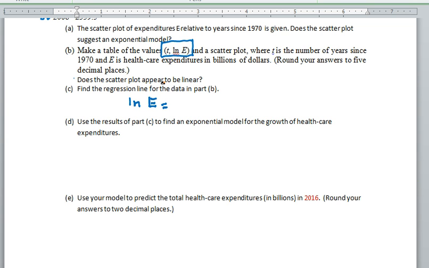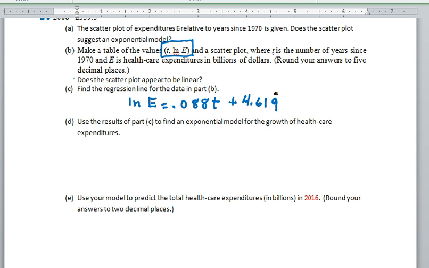So it's going to be ln E equals 0.088t plus 4.619, taking the values for A and B that we saw in the regression equation for L1 versus L3.